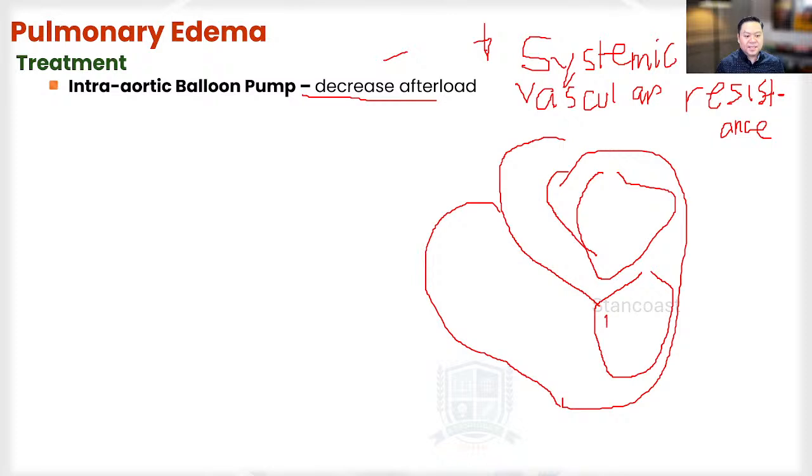So this is the left ventricle here, this is the left atrium. And so the systemic vascular resistance really is going to cause some strain on the left side of the heart. So what is the systemic vascular resistance? This is the amount of pressure that the left side of the heart is actually going to overcome.